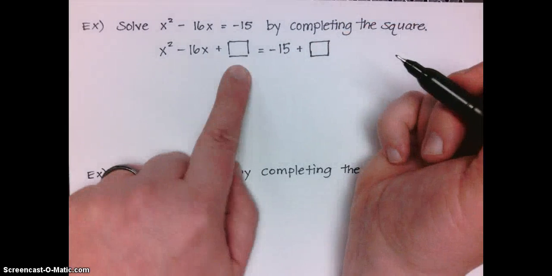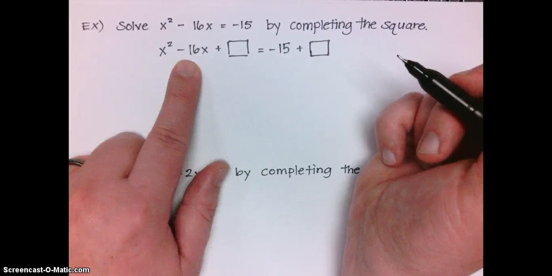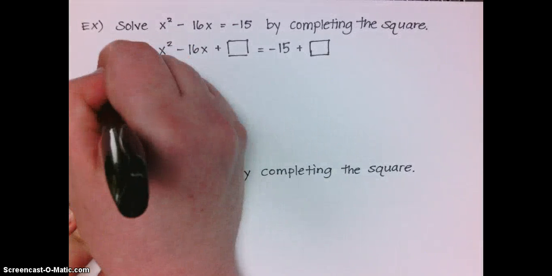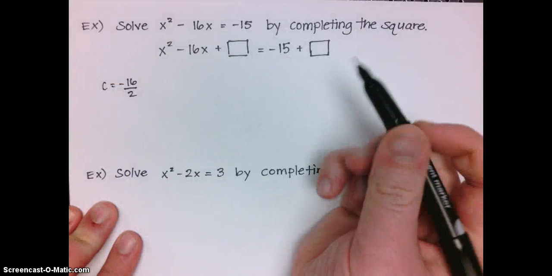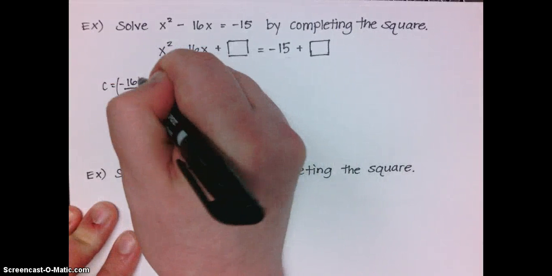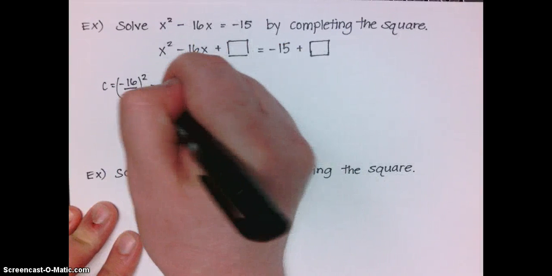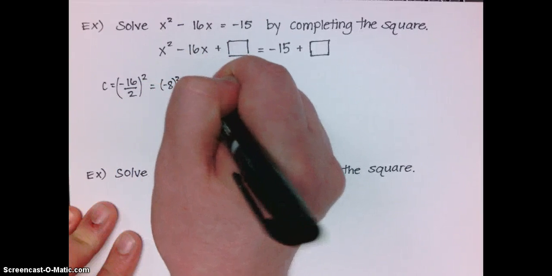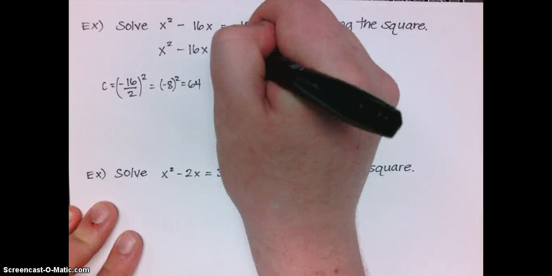So again, how do I find what this constant is that I'm going to add? Well, I'm going to take this number, negative 16, to find my c, and I'm going to divide it by 2, and I'm also going to square it. So negative 16 divided by 2 is negative 8, and negative 8 squared is 64. So in this case, the number I'm going to add to both sides is 64.